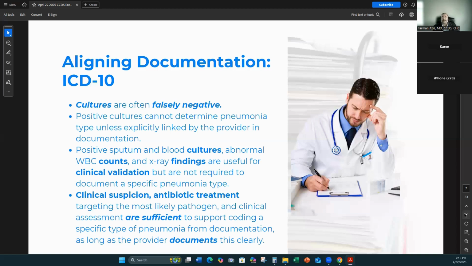But you may include in there some of the more obvious potential causes of pneumonia, along with some of the more exotic organisms that can cause pneumonia, and see which one the provider might gravitate towards. So know the compliant query process for pneumonia and specifying the type of pneumonia when it comes time for the CCDS exam.